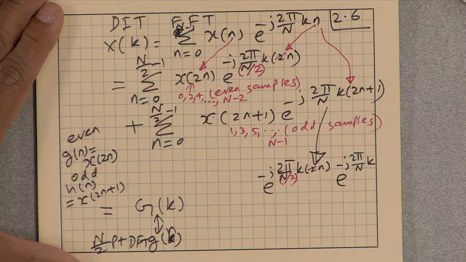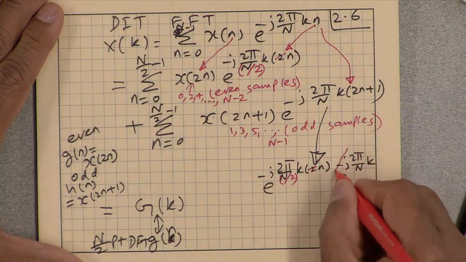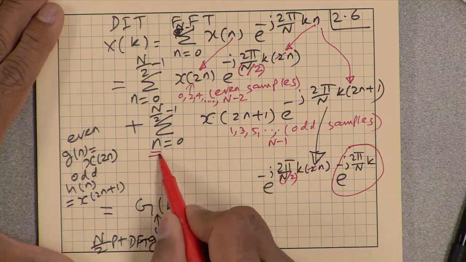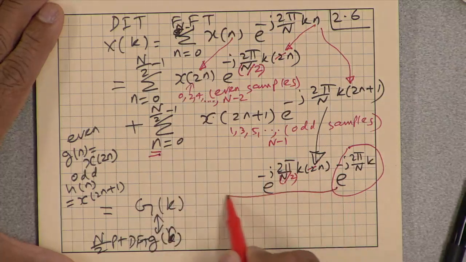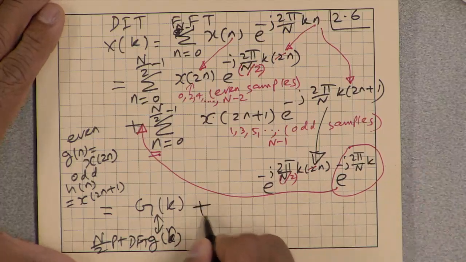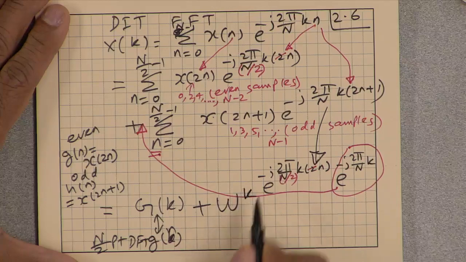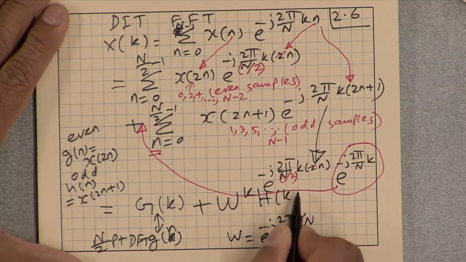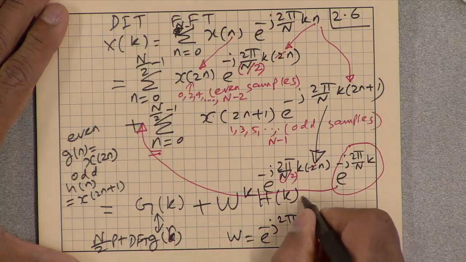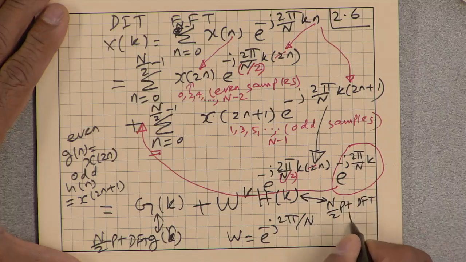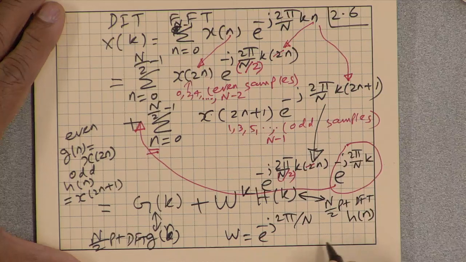Okay, e to the power minus j 2 pi over nk does not depend upon the summing index n, and that quantity can come outside the sum. So I can write that as plus w to the power k, where w is e to the power minus j 2 pi by n, times hk, where hk is the n by 2 point DFT of hn, or the odd samples.